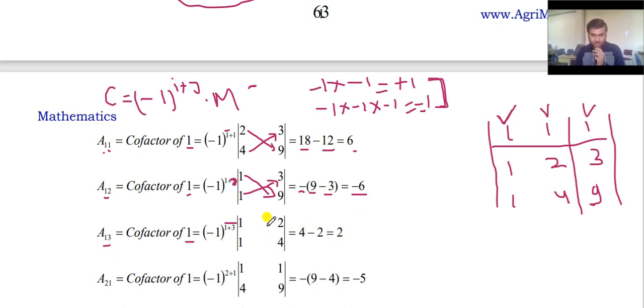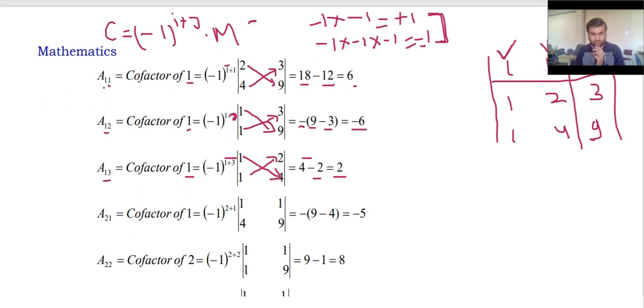So 1 multiplied by 4 is 4, and 1 multiplied by 2 is 2. 4 minus 2 is 2. Here the numbers that remain are 1 2 1 4. Like this way we can find the cofactors of the first row.